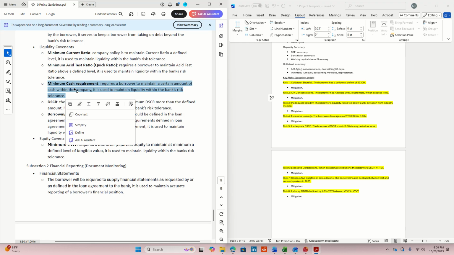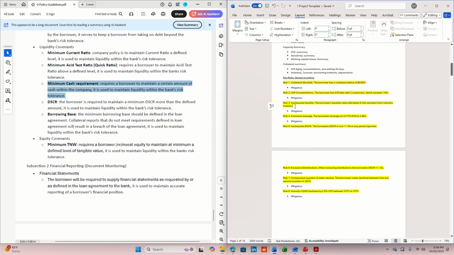And as a matter of fact, just for the sake of this project, if cash doesn't equate to at least 10% of the balance sheet, 10% of total assets, if it doesn't consist of 10% of total short-term assets, then you need to cite this covenant. Okay? So anyways, mine isn't like that. But inadequate liquidity, the borrower's liquidity ratios fell 0.25 deviation from industry median.